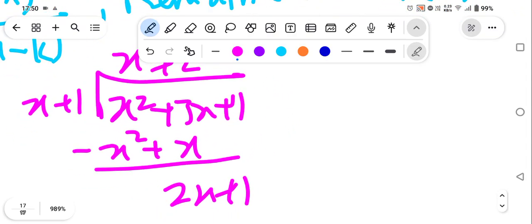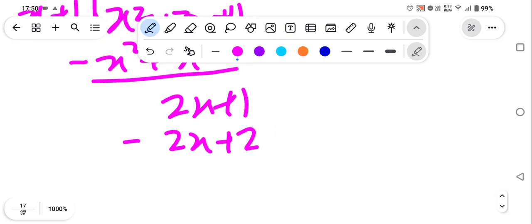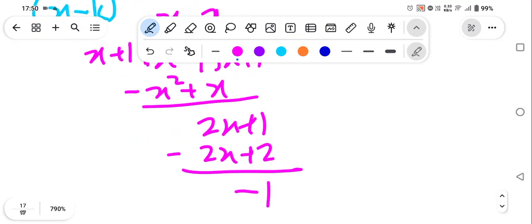Then plus 2 here, and this would be 2x plus 2, and we subtract and get negative 1.